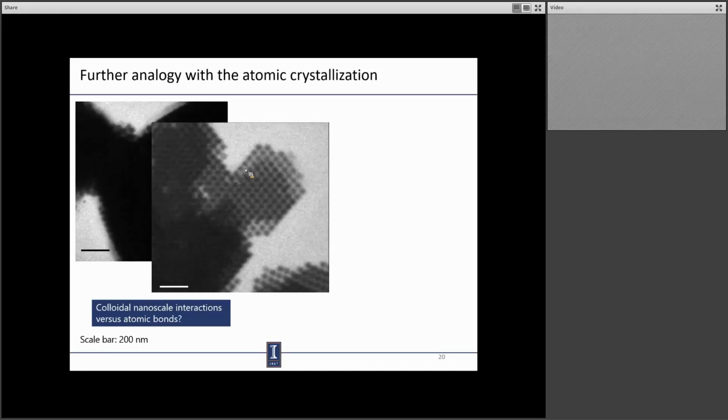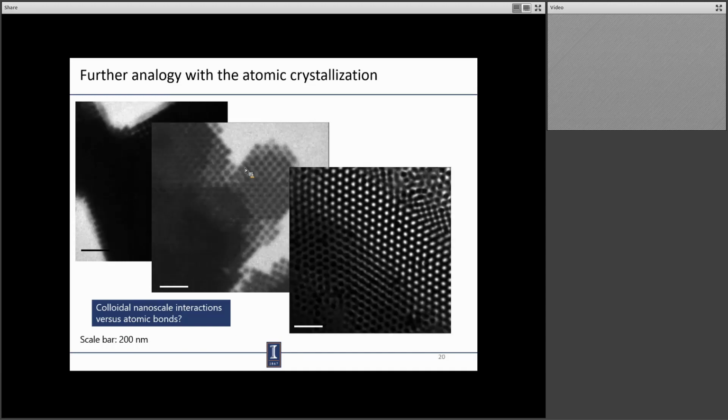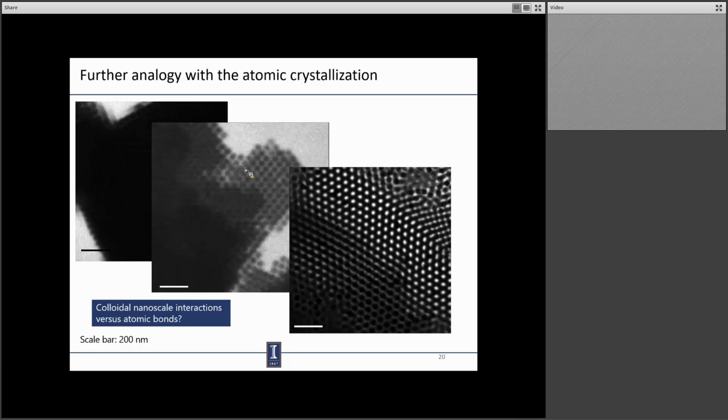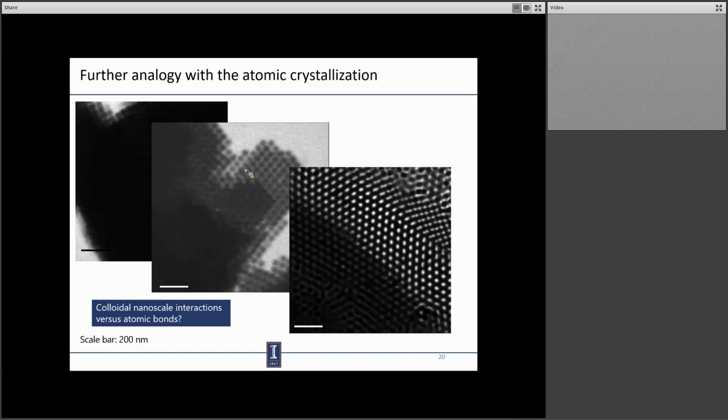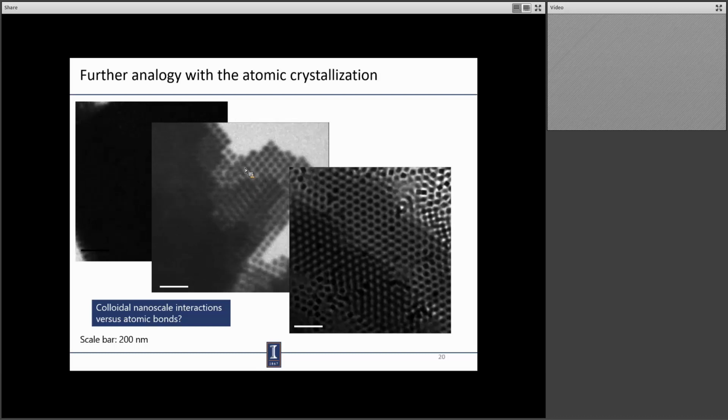And the last movie, at first glance, almost looked like a 3D atomic twin crystal, although here each dark point or red or white point is actually a single particle, not really an atom. So it's possible that the fundamental colloidal interactions at the nanoscale mimic more of an atomic bond.